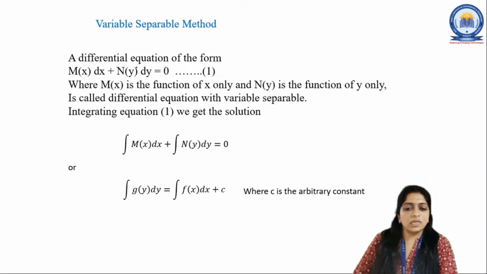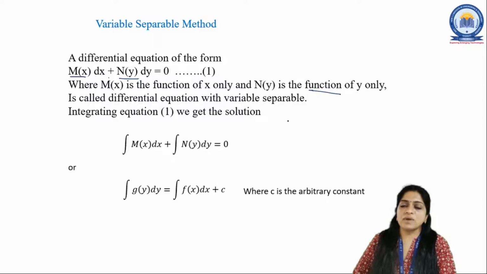A differential equation of the form M(x) dx plus N(y) dy equal to 0, which is equation 1. What does it mean? It means the multiple of dx is a function of x only, and the multiple of dy, which is N(y), is a function of y only. This is called an equation with variable separable. For the solution of this type of equation, integrating equation 1, we get the solution.